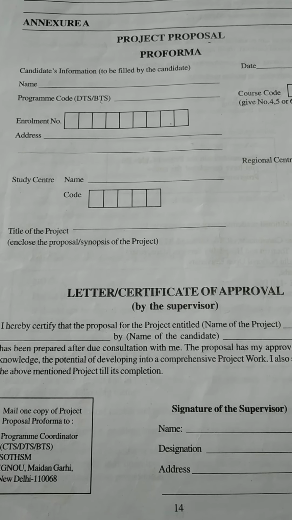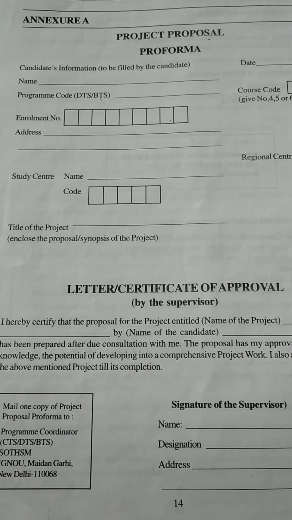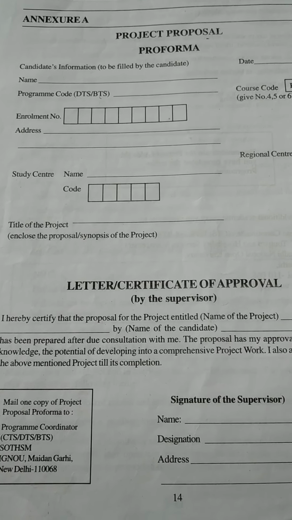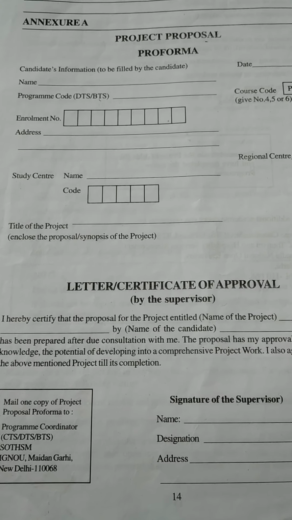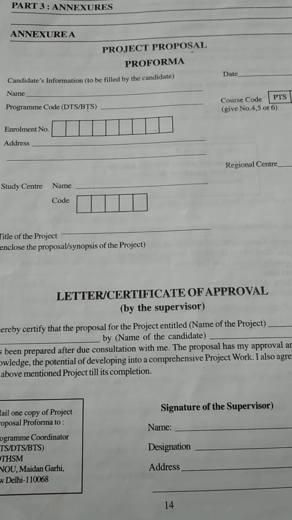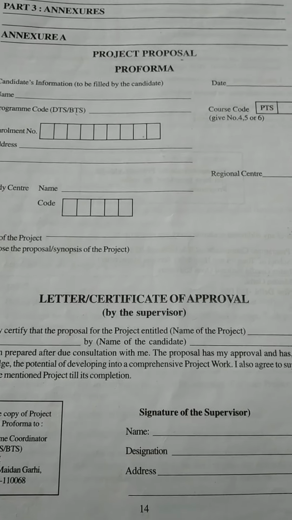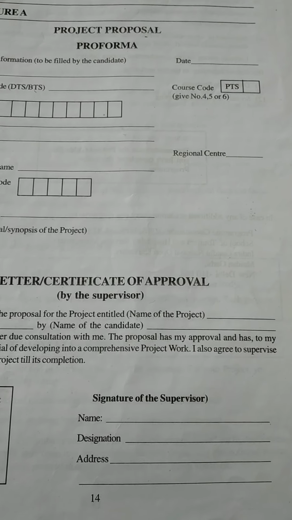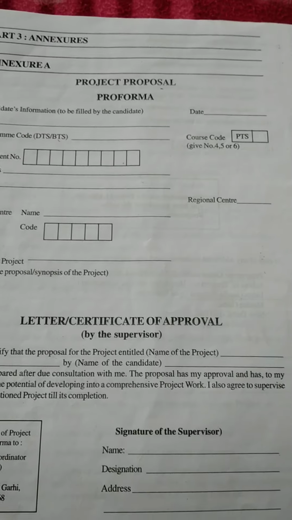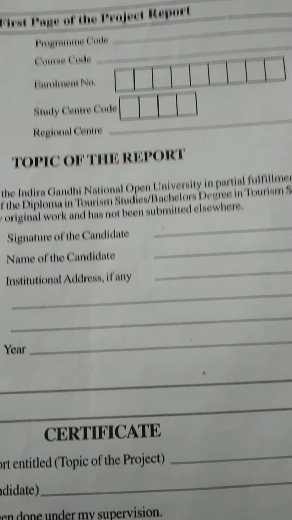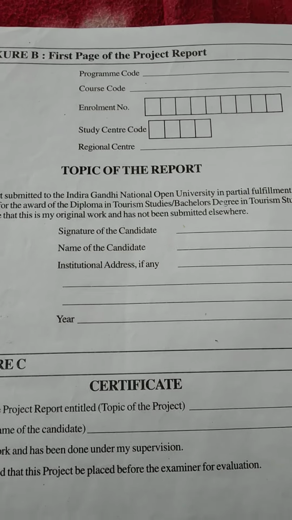Now, this project proposal means in a way you are giving a small presentation that you are making project on this particular topic. Alright, so you can tick in this performa PTS 4 or 5 or 6. In this guide, you will get another performa which is the first page of the project report.